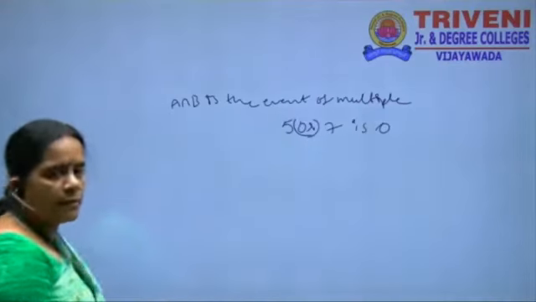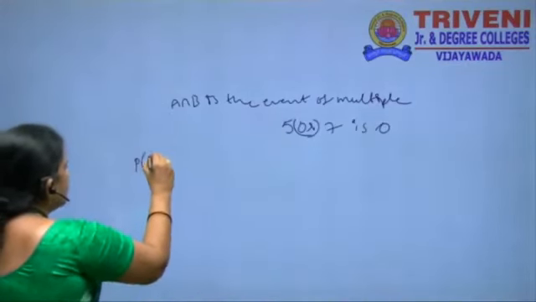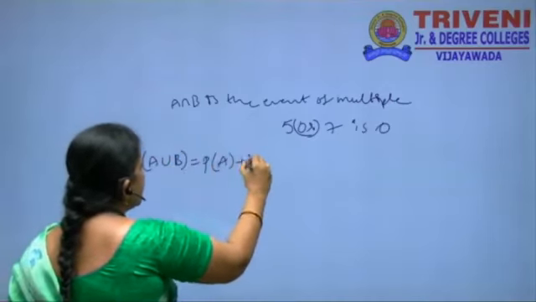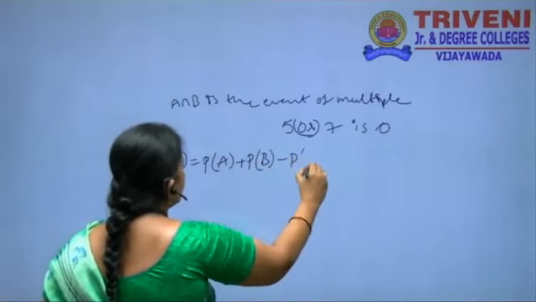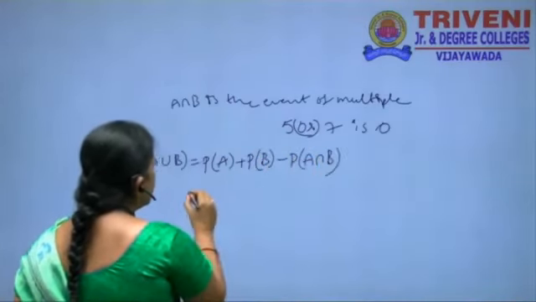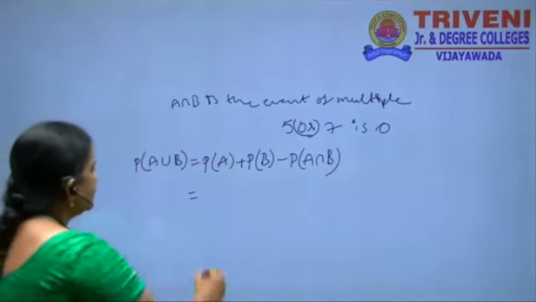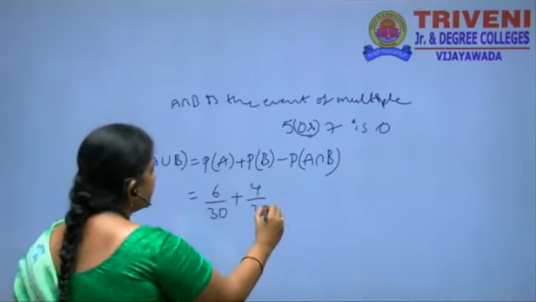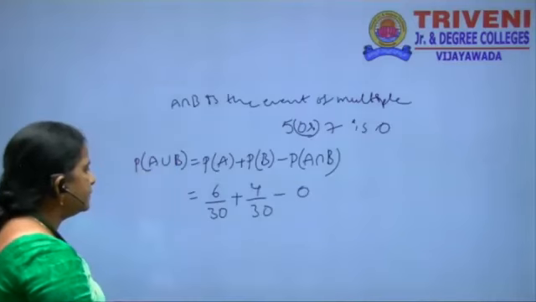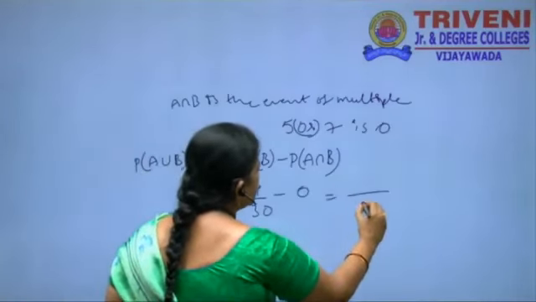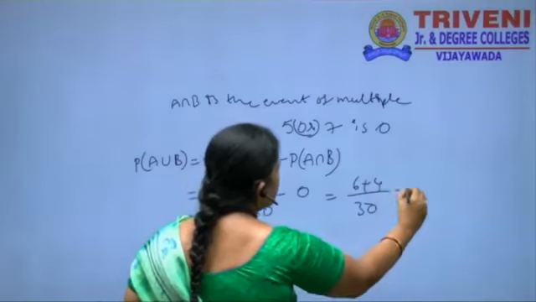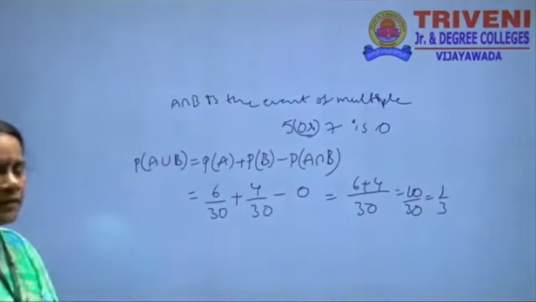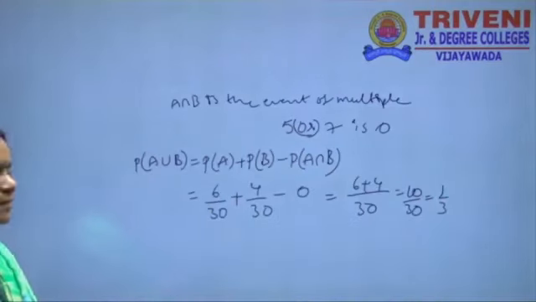Then applying addition theorem on probability, P of A union B is equal to P of A plus P of B minus P of A intersection B. Here the value of P of A is 6 by 30 and P of B is 4 by 30 and P of A intersection B is 0. That is equal to 6 plus 4, that is 10 by 30. We can get it as 1 by 3. Therefore, the probability of multiples of 5 or 7 is 1 by 3.